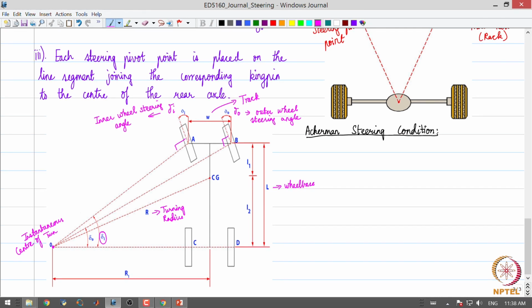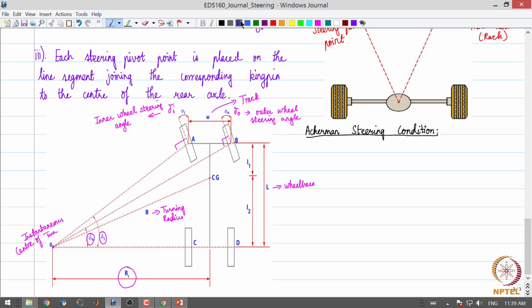Similarly, the angle made by line segment OB with OC is also delta O. That comes from basic geometry. Let us call this distance R1. R1 is the distance from O to the central longitudinal axis of the vehicle. These are the various parameters.